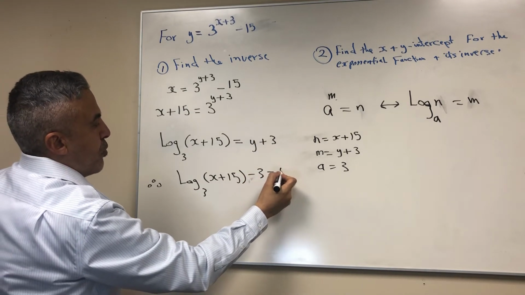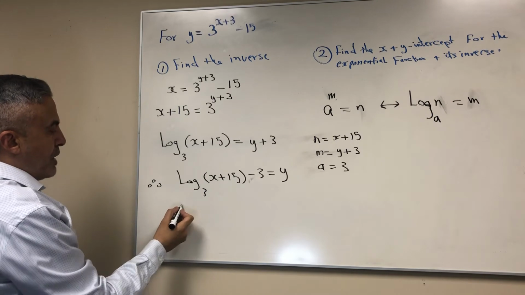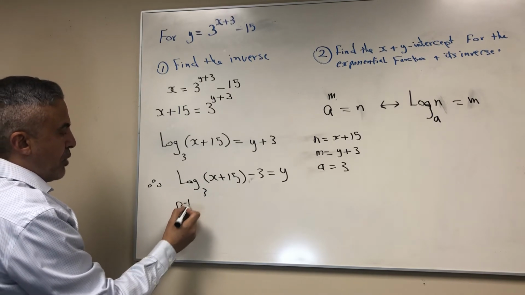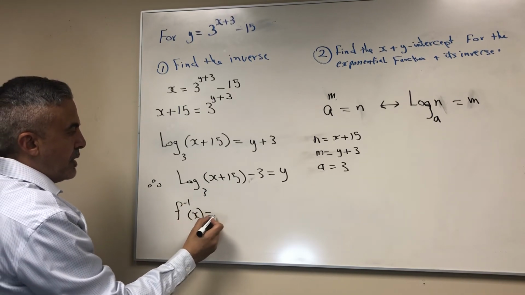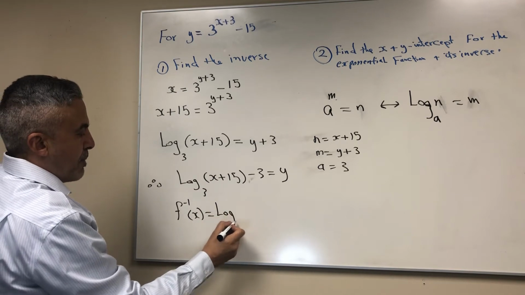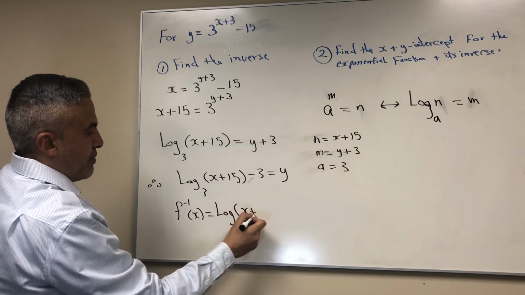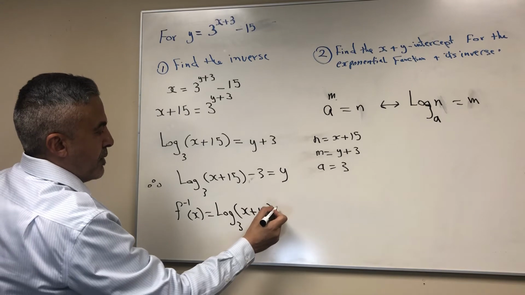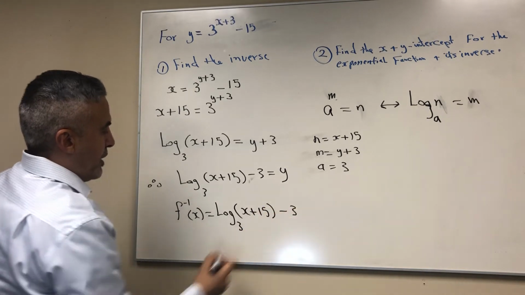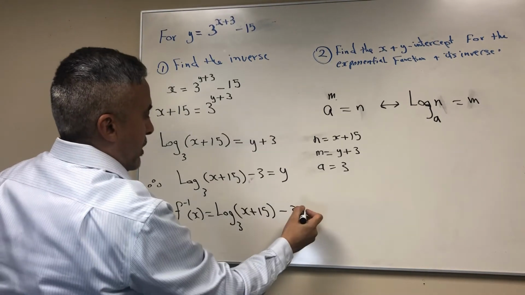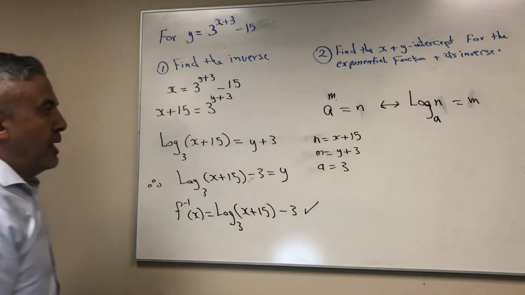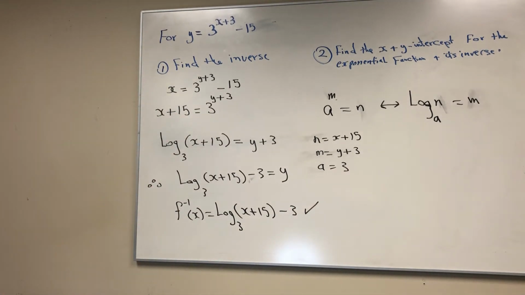And therefore, the inverse, f to the negative 1 of x equals log base 3 of x plus 15 minus 3. And so one is done, and then we'll move on to the second question.